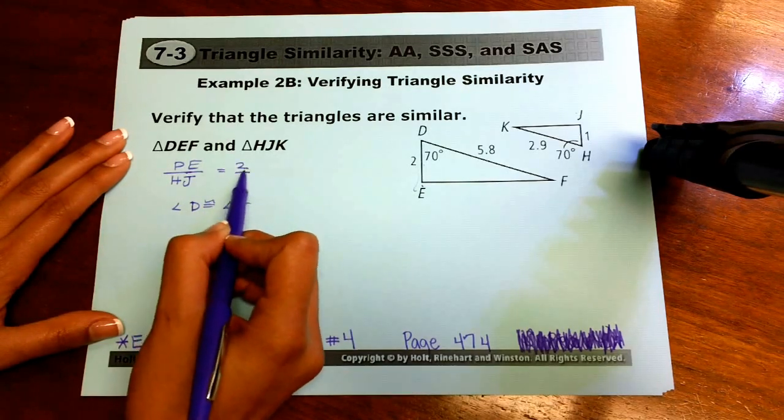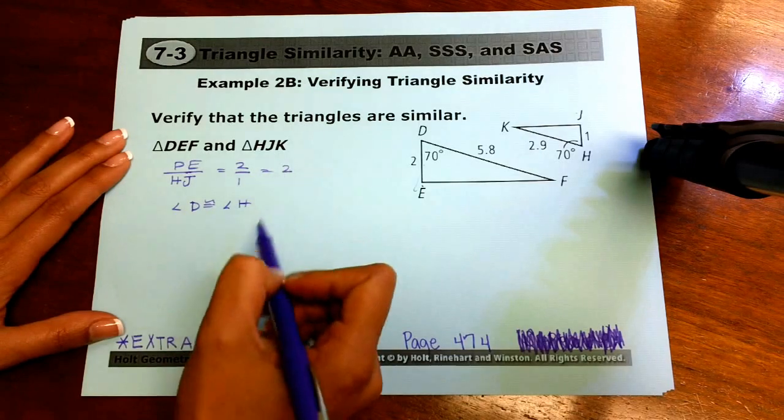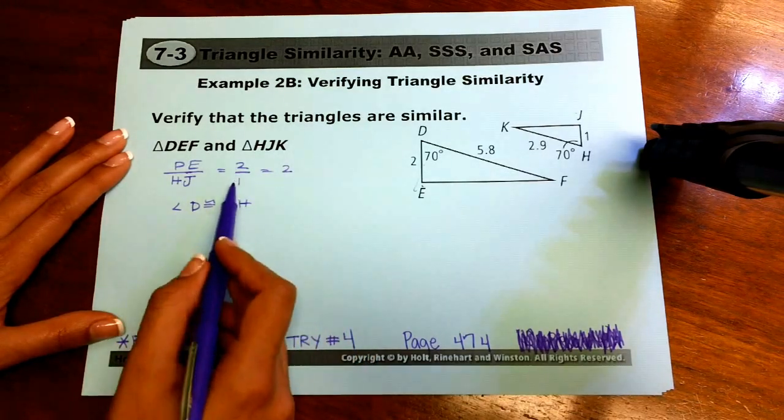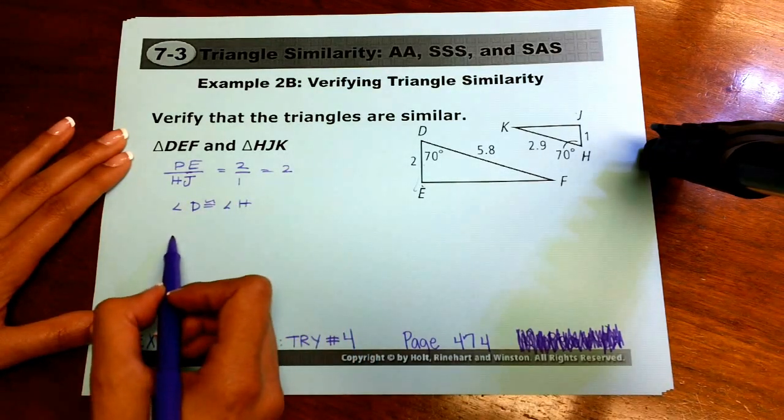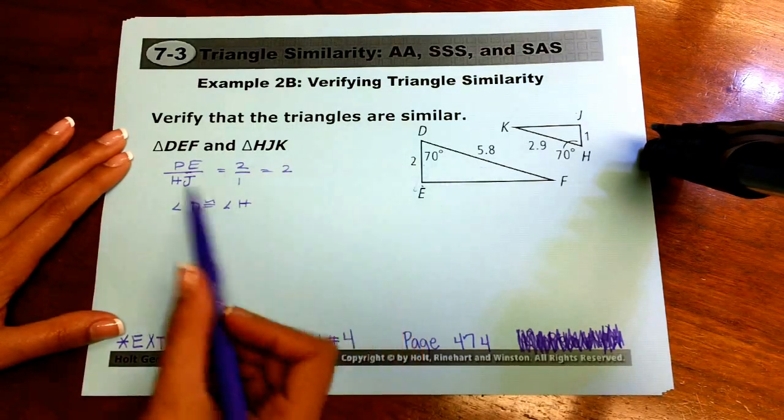DE is 2 and HJ is 1, so that means that 2 over 1 is my ratio. And then I can also compare DF to HK.